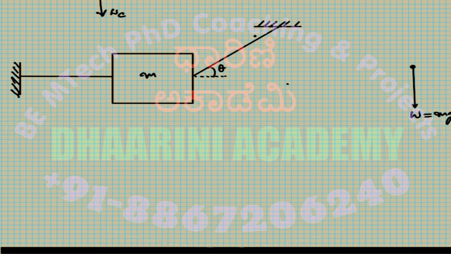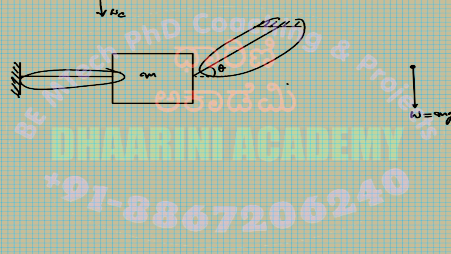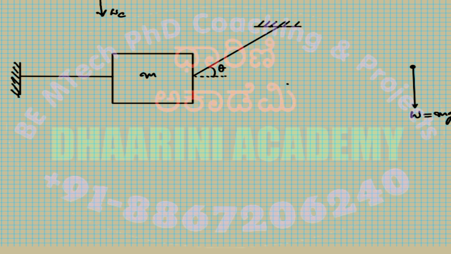Then there are two strings connected, one here and one here, to the body. Since they are connected, this belongs to the case where a force is generated because of the attachment of two bodies.